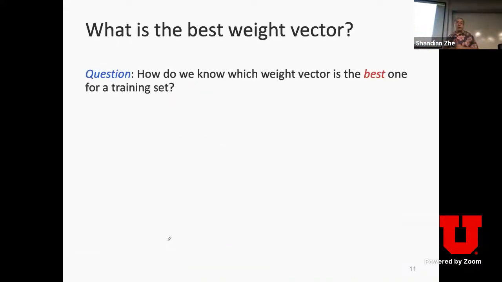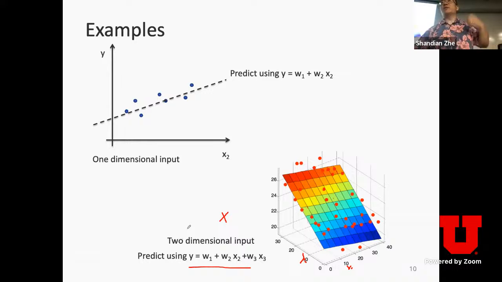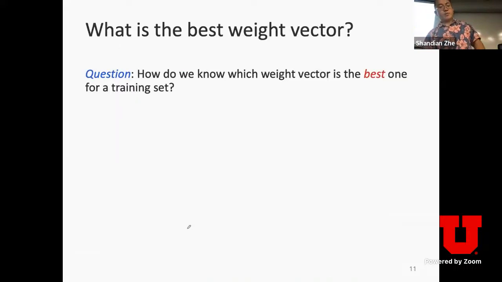Okay. So let us talk about what's the best weight vector. We know that the weight vector determines the position of your plane, your hyperplane, the position where your linear regressor is. There comes a problem: how do we know which weight vector is the best for some training set?